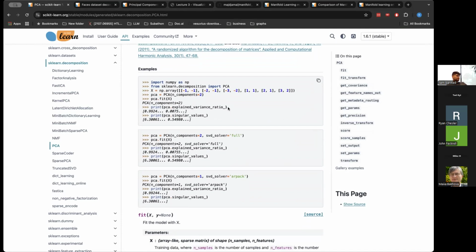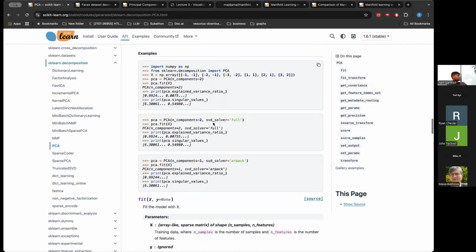So you can say my first component gives us, in this one, 99.24% explained variance. That means that your data can be reduced down to one dimension and it captures a lot of the variation already. So that was related to the variance discussion earlier.